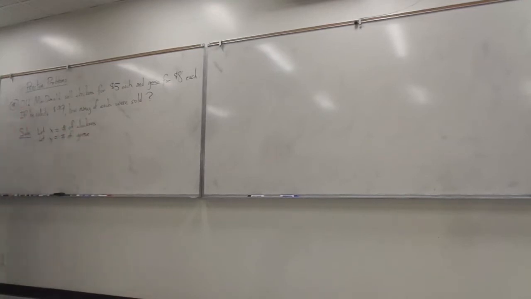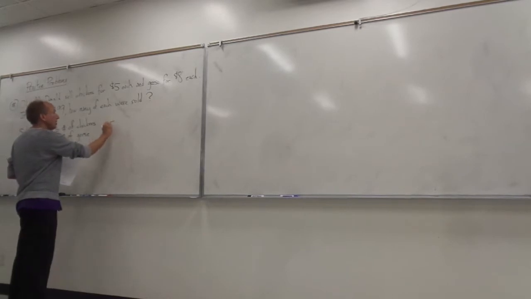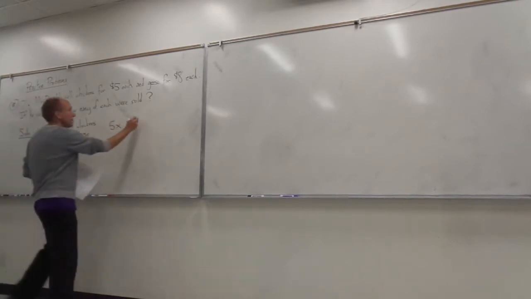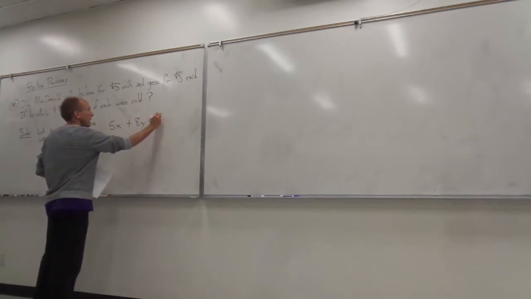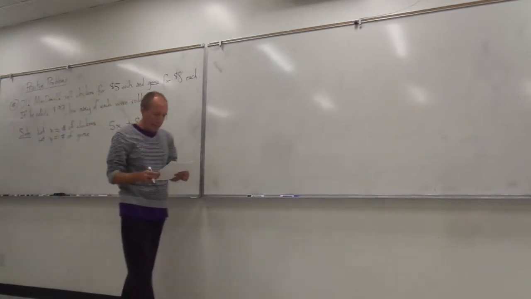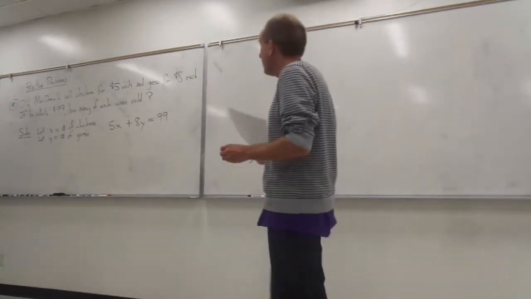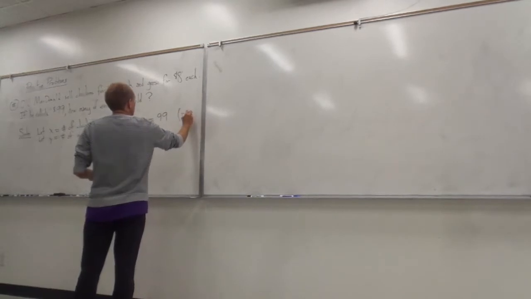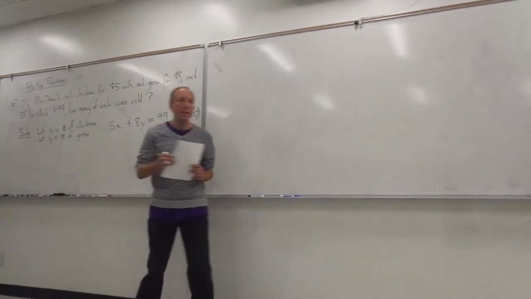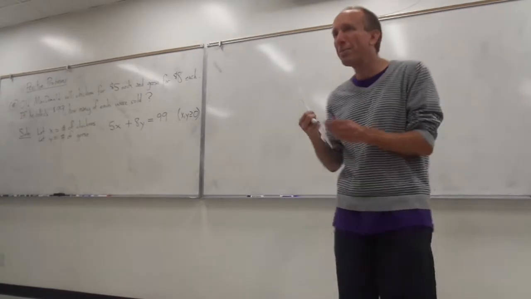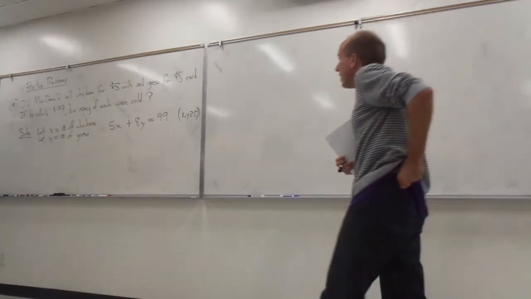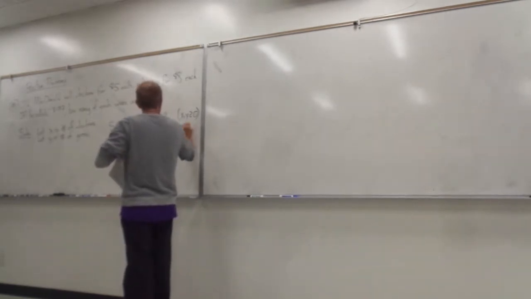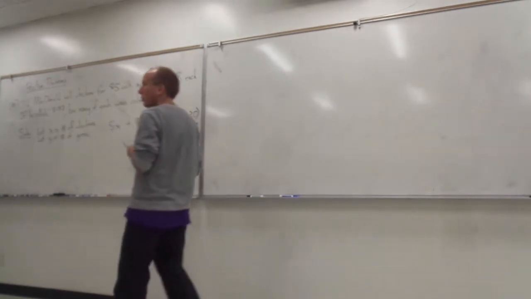Okay, so then the equation is chickens were $5 each, so that's 5 times the number of chickens, plus 8 times the number of geese. That would have to add up to 99, right? And of course, I'm looking for solutions where x and y are at least 0. It doesn't make sense to find negative solutions to this problem, so we'll only look at positive values of x and y. And x and y should be integers as well. That goes without saying, right?